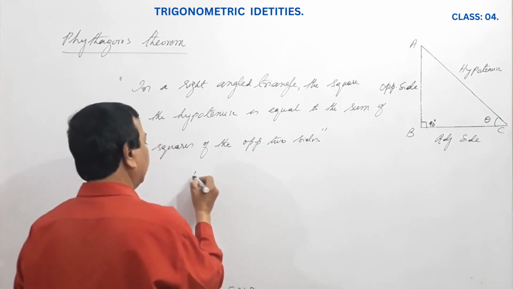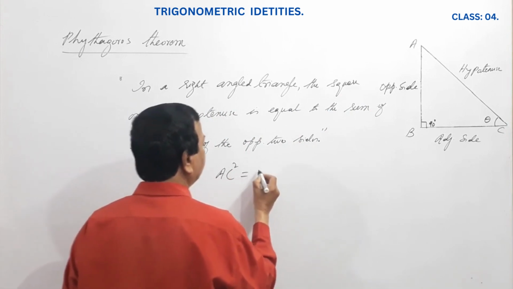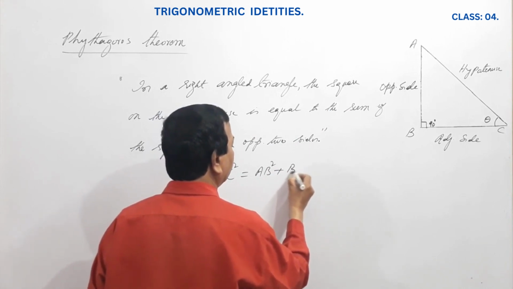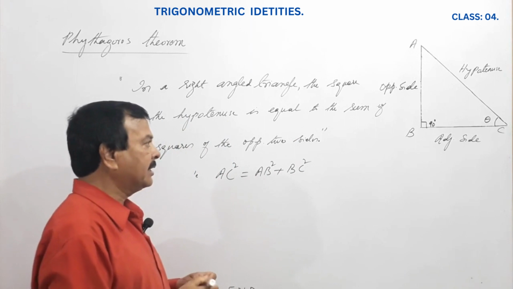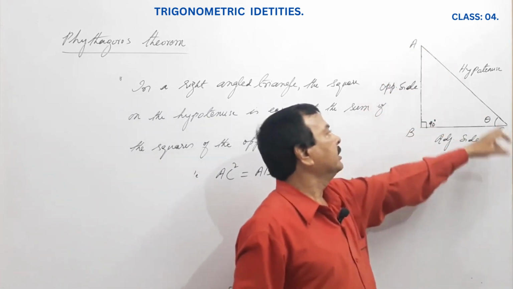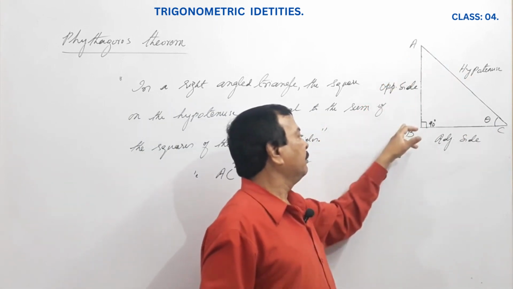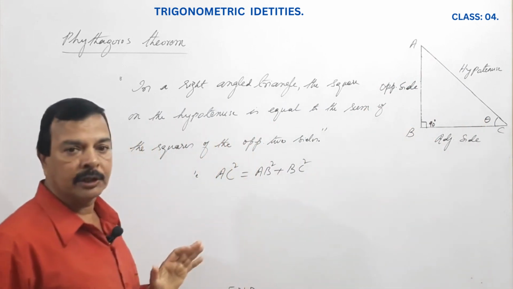That is AC square equals AB square plus BC square. So it states that the square on the hypotenuse, that is AC square, equals AB square plus BC square. So that is Pythagoras theorem.